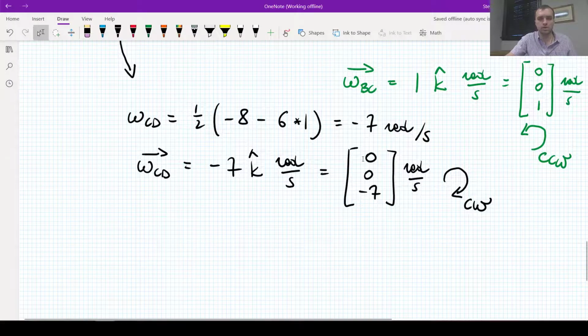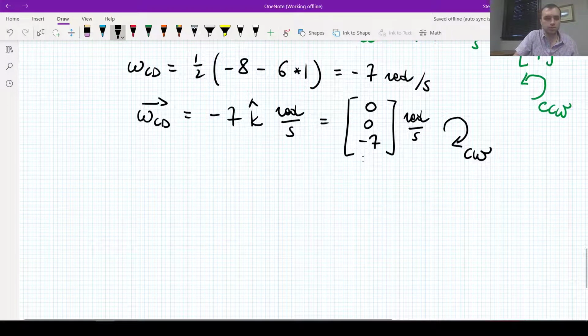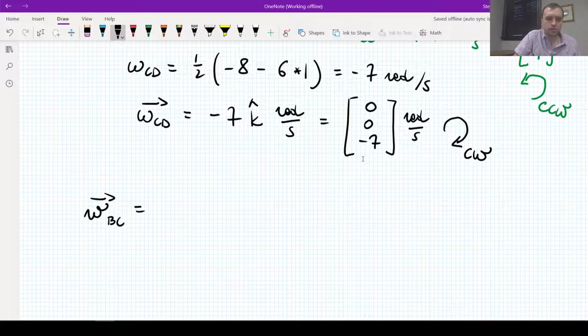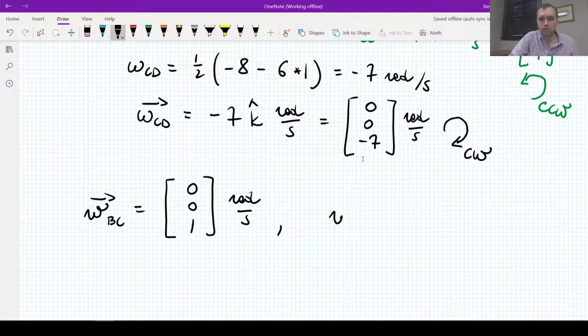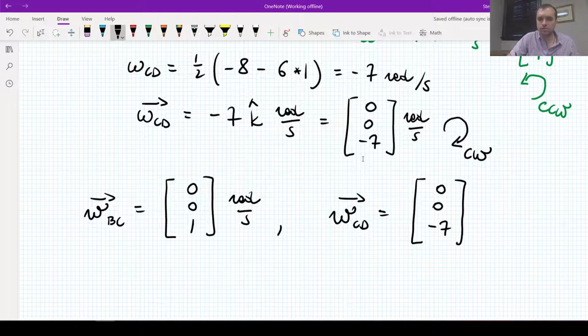Okay, so this is the end of our velocity analysis. Let me summarize everything we found. So after velocity analysis, we know velocity of every single point in our system. In particular, we know omega BC, that is equal to 0, 0, 1 radians per second, and omega CD, that is equal to 0, 0, minus 7 radians per second.